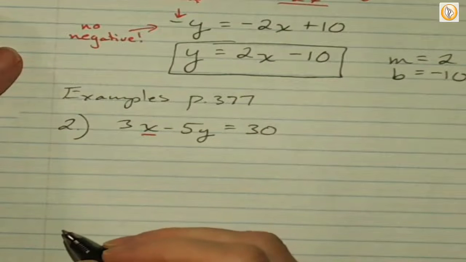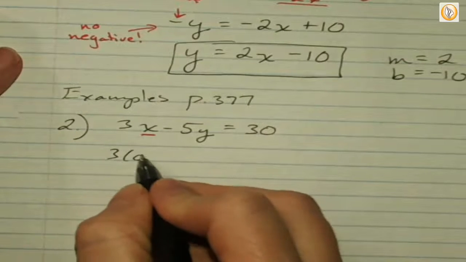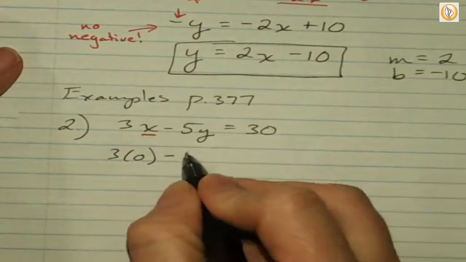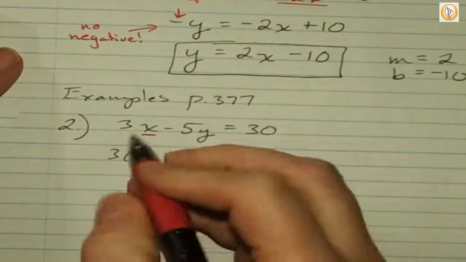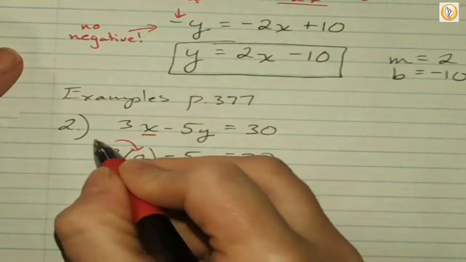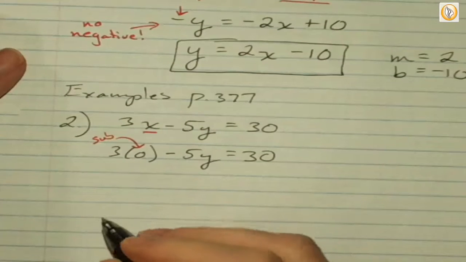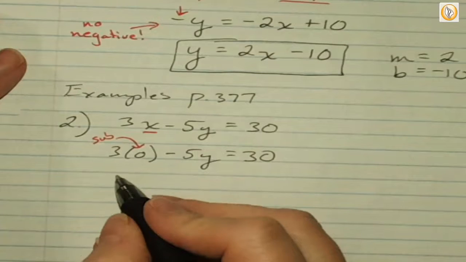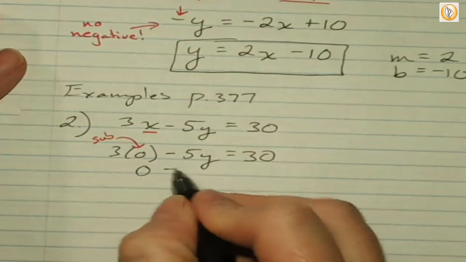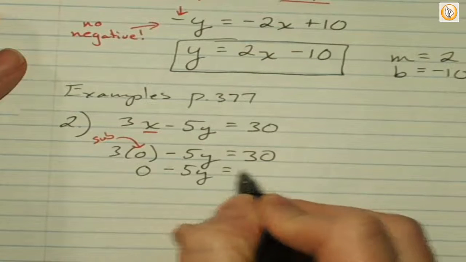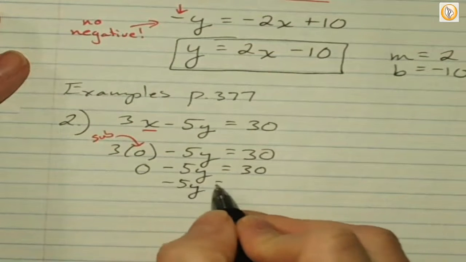Okay, so 3 times 0, minus 5y equals 30. And I'm going to write on here sub. There you go. So 0, because 3 times 0 is 0, minus 5y equals 30, which is the same thing as negative 5y equals 30.